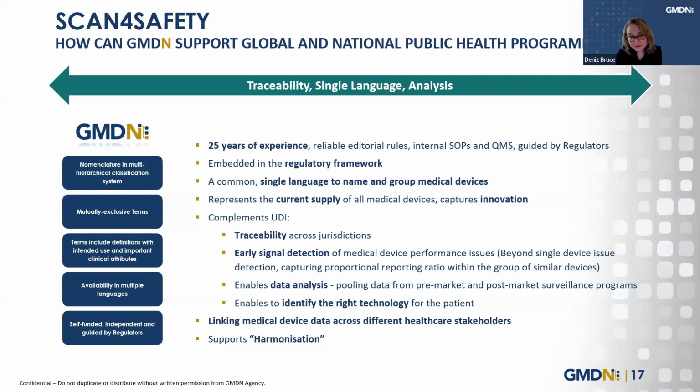Also, what is different from other nomenclatures widely available across the world is that GMDN represents the current supply of medical devices and captures innovation. We also said they complement the UDI and traceability across different jurisdictions, early signal detection, beyond single device issue detections, and capturing the proportional reporting ratio within a group of similar devices, which is quite important.